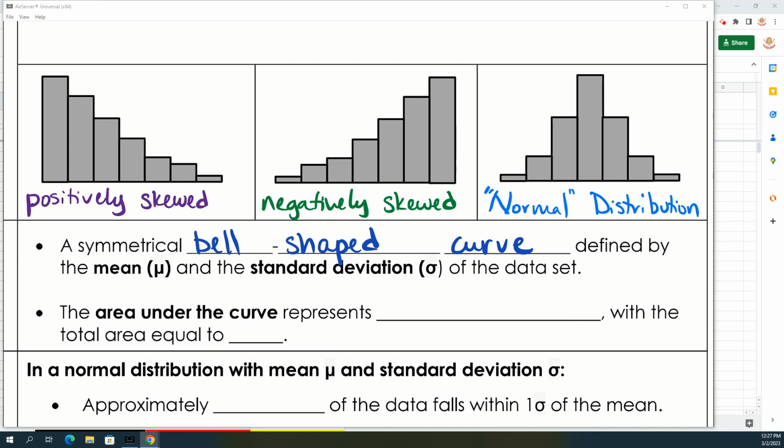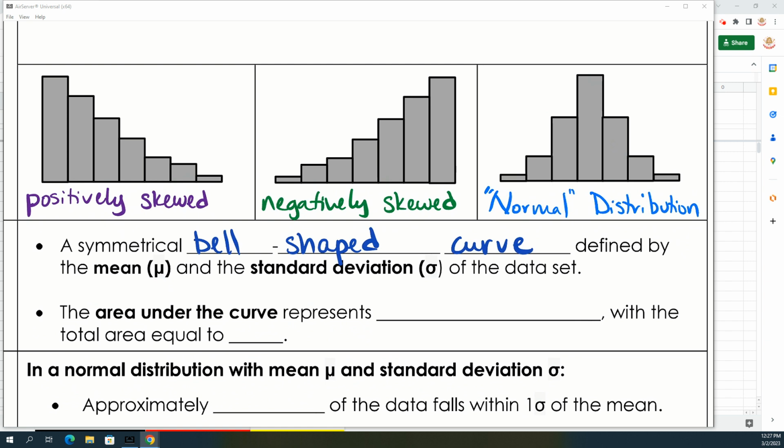So the smaller the standard deviation is, the closer all the data is to the mean. And the bigger the standard deviation, the more spread out the data is. If you end up taking some statistics classes, you'll learn a lot about standard deviation, but today it's just going to be a number that we're going to use.